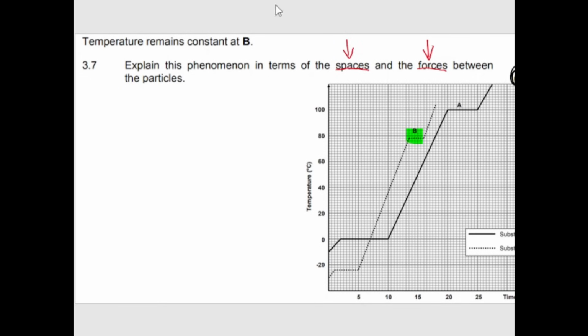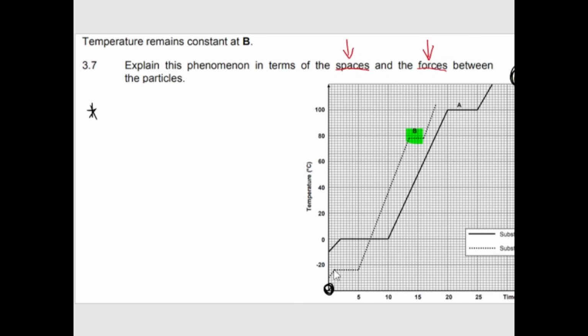So first of all, if you need help understanding why the temperature doesn't change in these parts of the graph, and you need to go back and look at that theory, please go watch my previous video on the heating curves. But basically what happens is when a phase change is happening, heat is being added. So remember, from the start of the graph over here to the end, from 0 seconds all the way to 30 seconds or 40 seconds or wherever the experiment stops, we are adding heat.